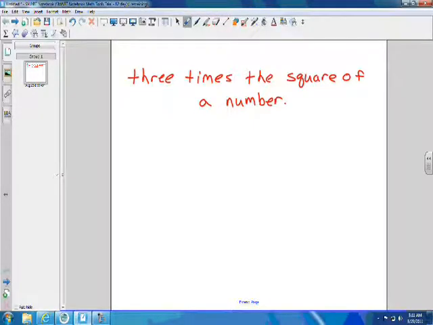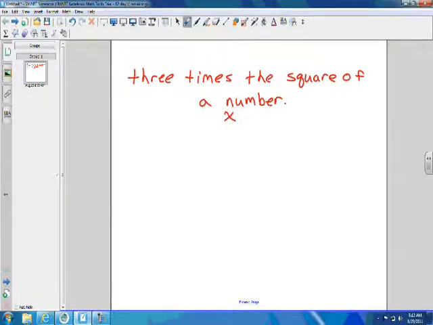So you're going to be given these sentences that you need to put into expressions. What are we always going to put in when it says a number? X or any other letter that you choose. Doesn't matter, but this is your variable. I usually use X.